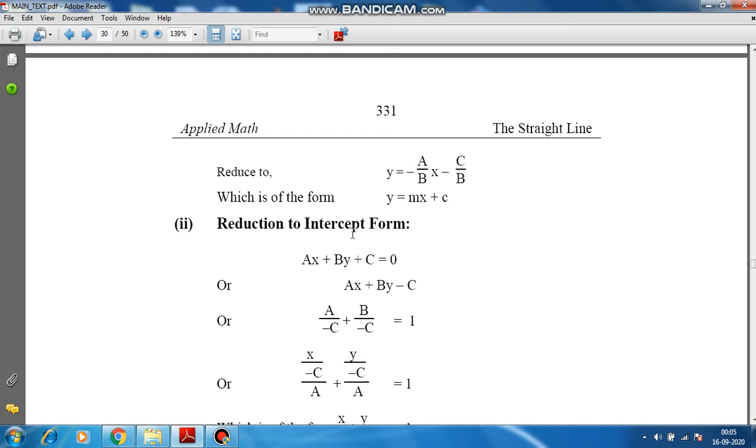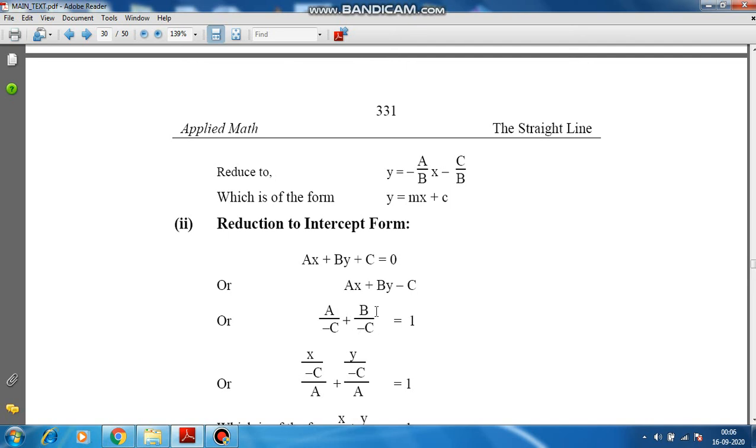In that form we have to convert this equation, and that is very simple to see here. Ax plus by plus c equal to 0 implies ax plus by equal to minus c. There it is written incorrectly, it should be equal to minus c, and this implies ax by minus c plus by by minus c equal to 1.